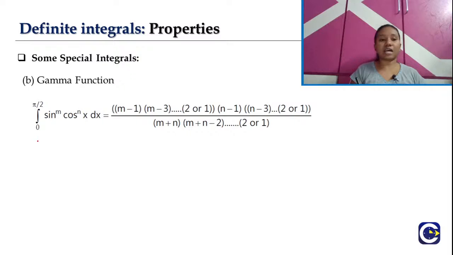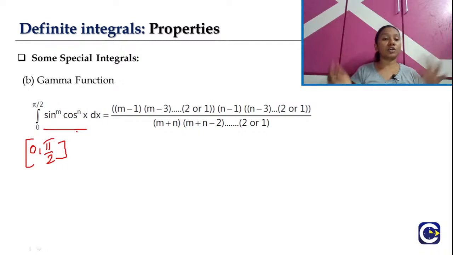The limits are 0 to pi by 2. That's constant. The limits again should be 0 and pi by 2. And the format of the function: initially it was only one function, either sin x or cos x. But now if you observe, it's a combination of both functions, sin as well as cos. So our definite integral here is having both functions.